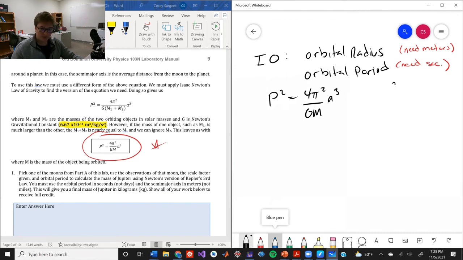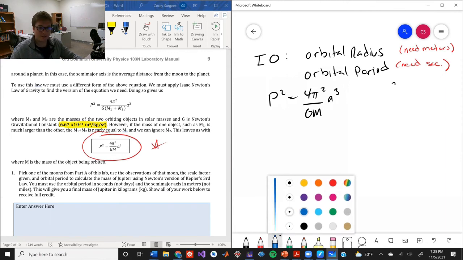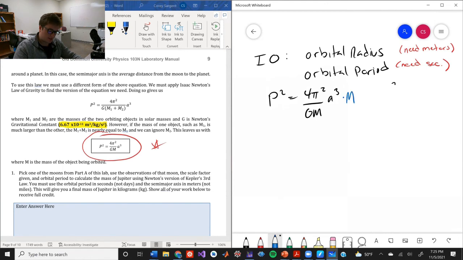Let's multiply both sides by M. We want M by itself and in the numerator. This leads to us canceling these M's, and we get M times P squared on the left-hand side equals 4 pi squared a cubed over big G. Well, like I said, we want M by itself.